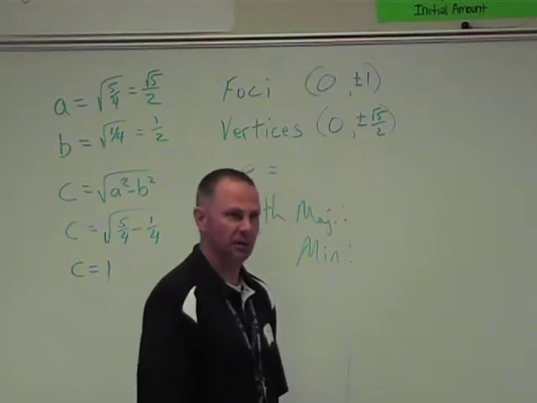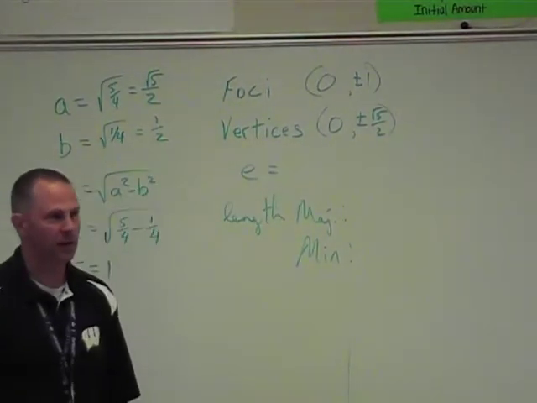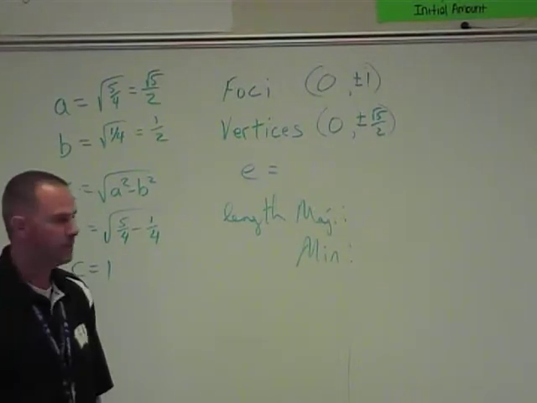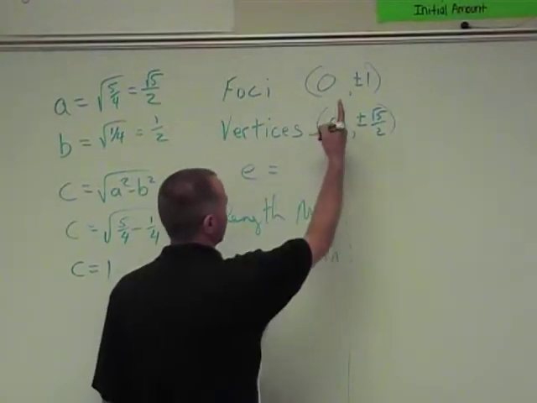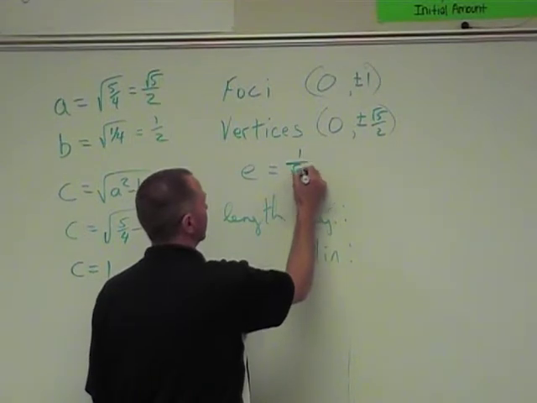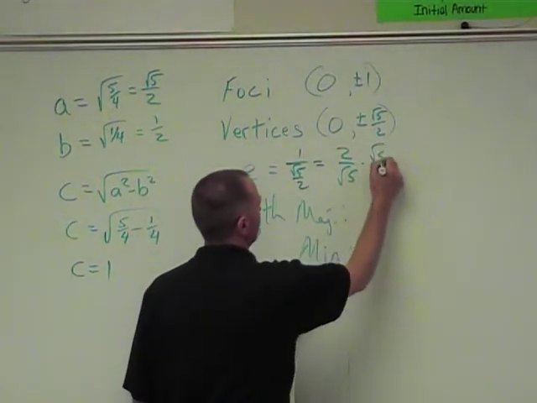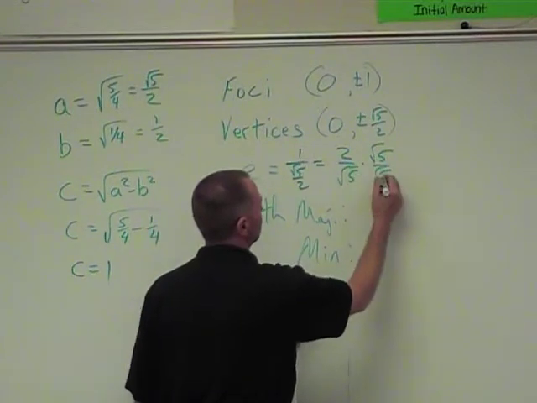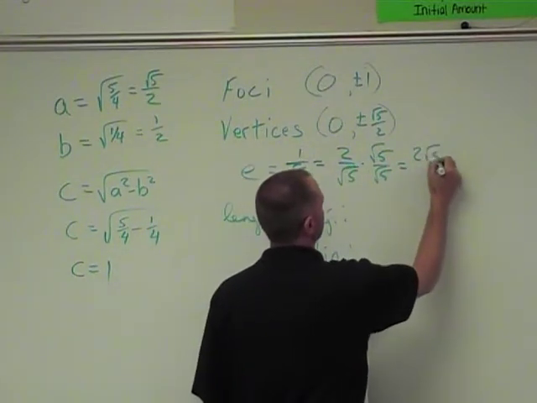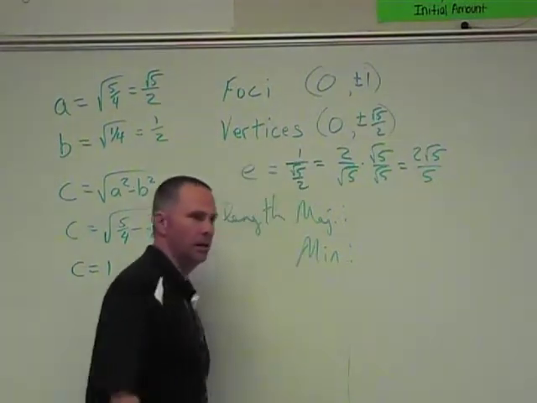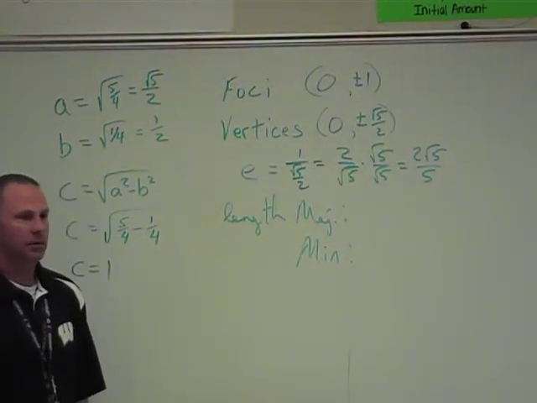Make sure you have your notes with you so you can get it quickly. C goes with foci, A goes with vertices. Okay, E, that's just that over that. 1 over radical 5 over 2. That's 2 over radical 5, which you have to rationalize your denominator. 2 radical 5. Ta-da! Okay.